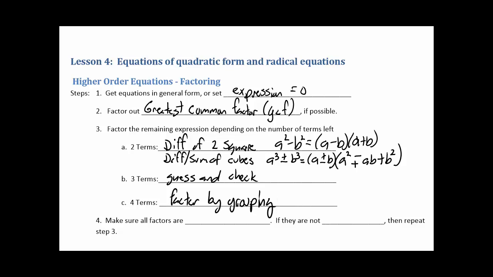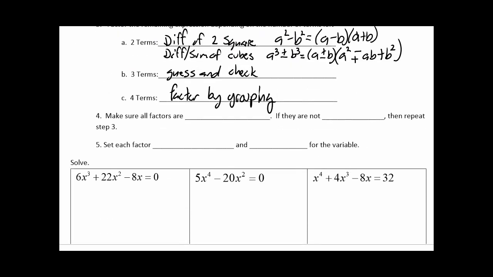Once we've identified that, we want to make sure all factors are prime, and if they're not prime, then we want to go back and repeat the factoring pattern. Prime basically means I can't factor anymore. And then, once we've got them factored and all in prime form, we want to set each factor equal to 0 and solve for the given variable.